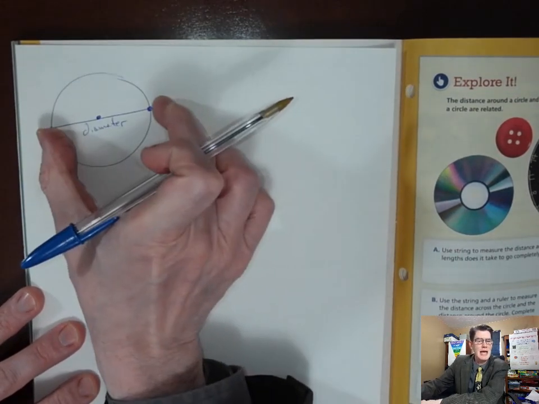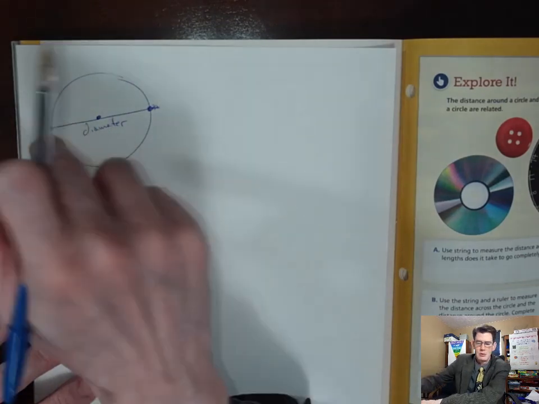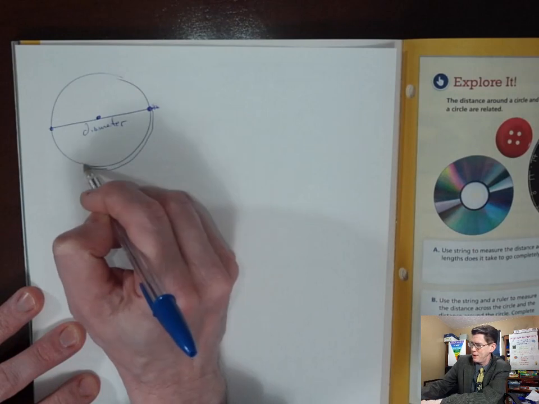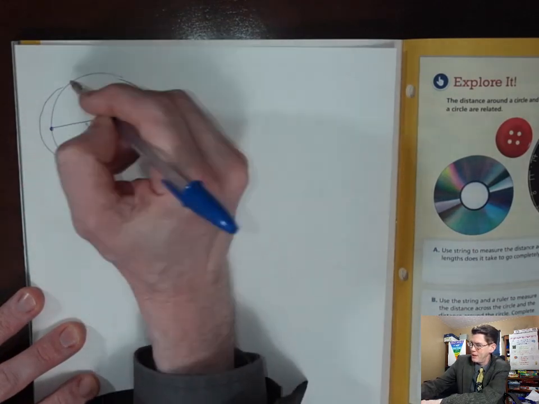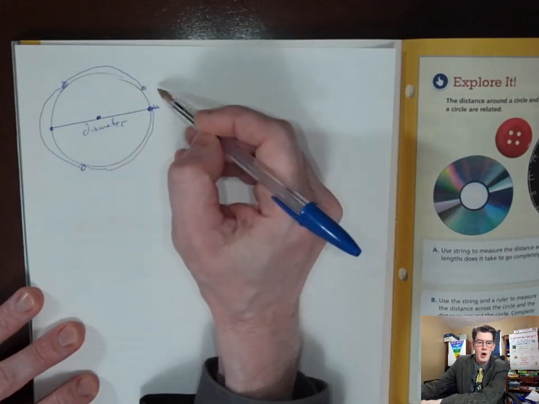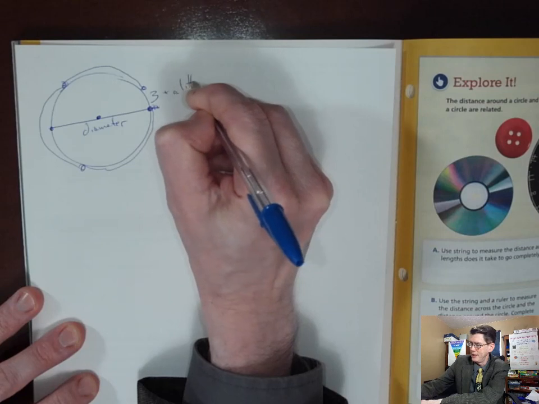If you take that diameter length and wrap it around the circle, I'm going to wrap it around here, and then around right there, and then around again right there. It will go 3 times, plus a little bit.